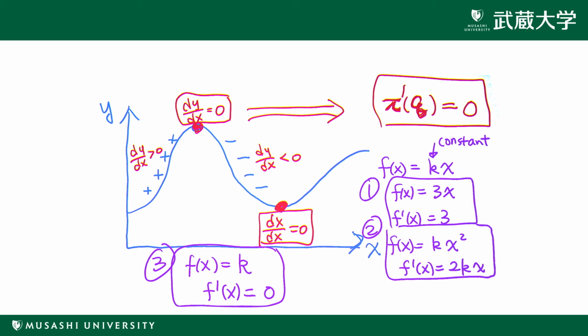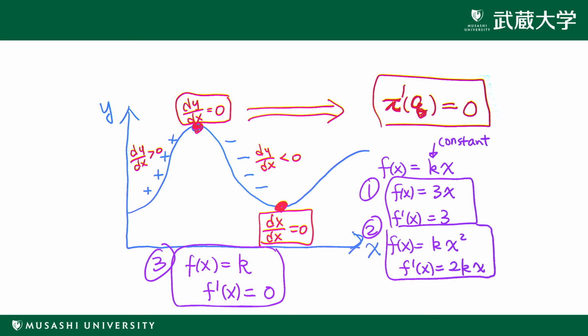That requires a little bit of basic knowledge in derivatives. The basic knowledge is that if you have a function f(x) equals kx, where k is basically a number, what we call a constant, a number.